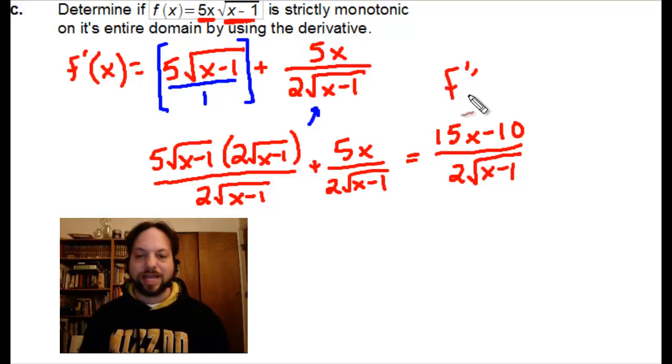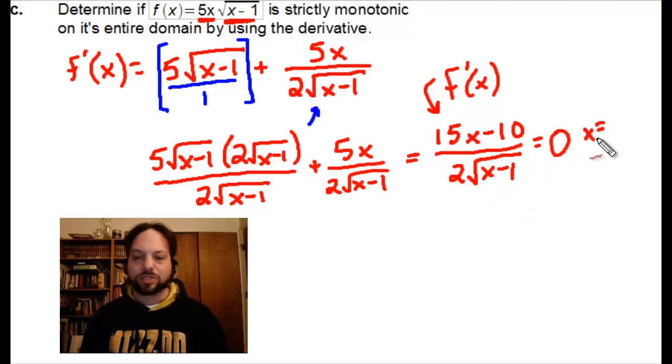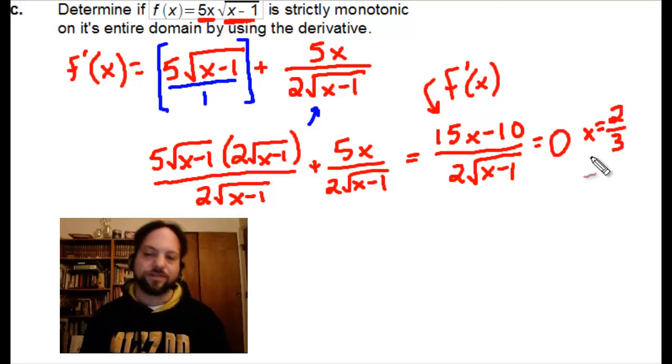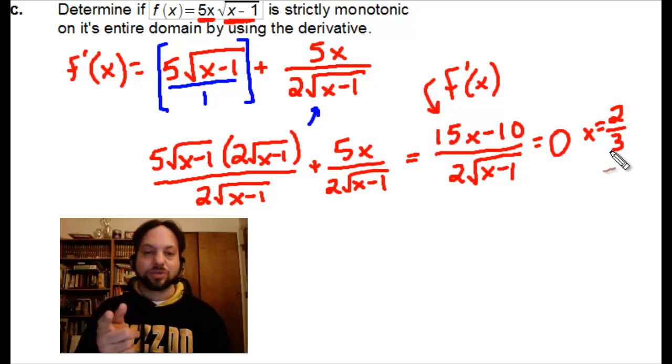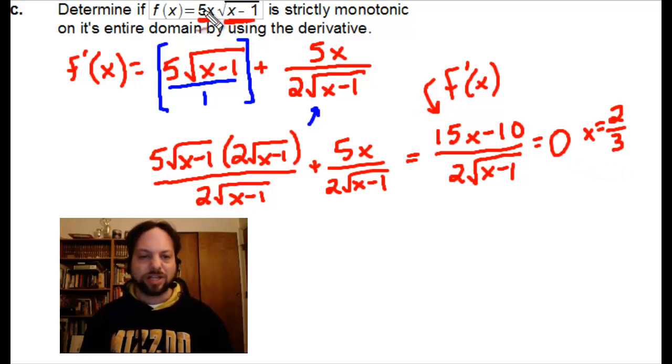So if we go ahead and set the derivative equal to 0, what we're going to find is that we have a critical number at x equals, what is this? Let's see. x equals 2/3, or 10/15 if you like. Well, take a look at this. x equals 2/3 isn't even in the domain of the original function. Take a look at the original function.